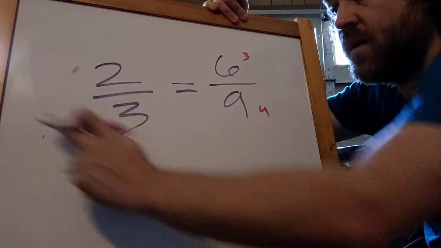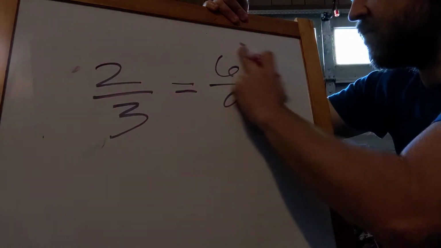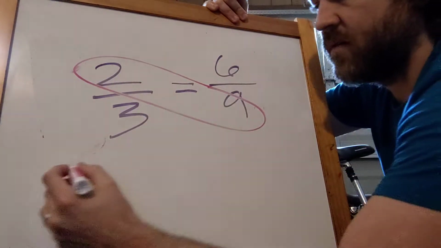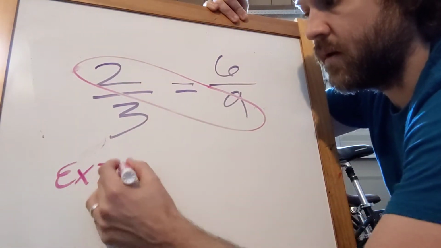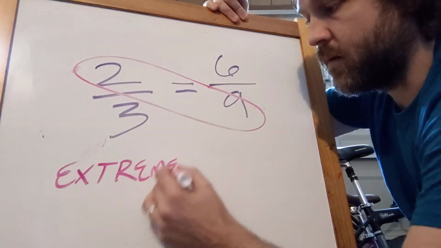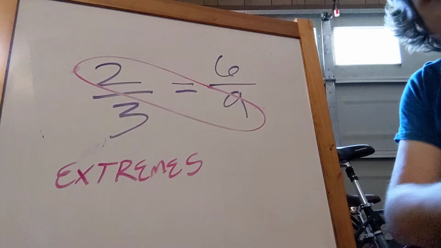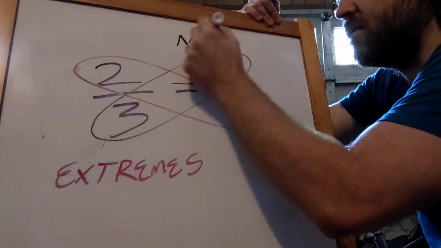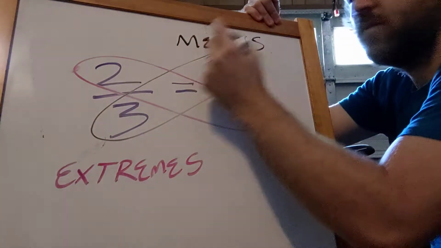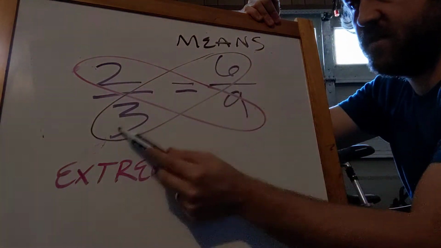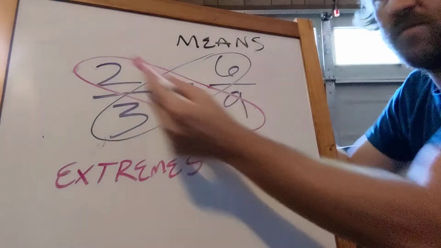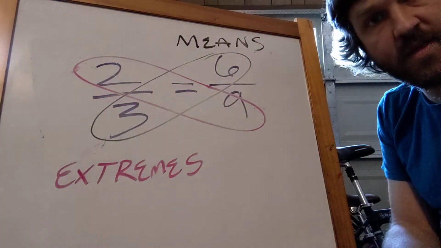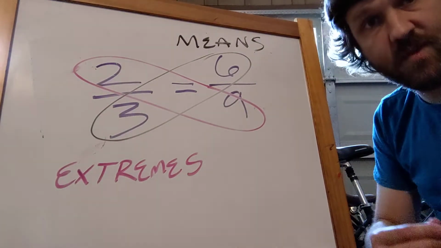The things in the first and last spot, we call those the extremes. I'm going to write that down, extremes. And the things in the other 2 spots, the middle 2 spots, are called the means. So we have the means, these 2, and we have the extremes, these 2. There is a property that exists between the means and the extremes.